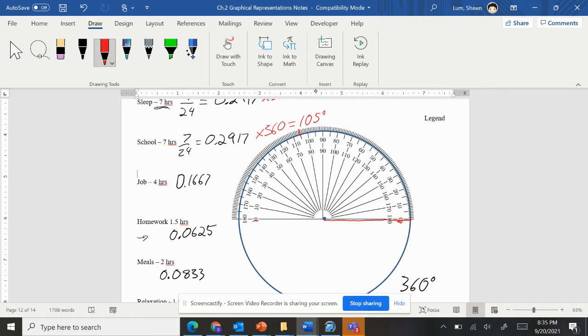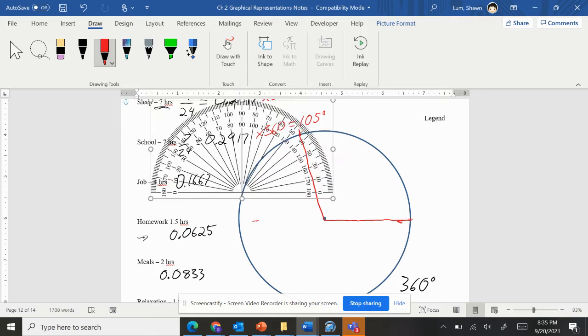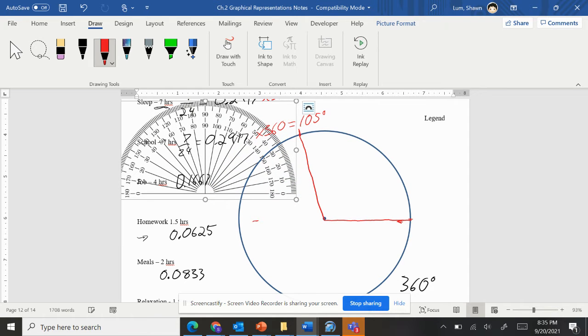And then I'm going to go a straight line from 105 to right here. Okay. And then I move this thing out of my way, and then I label this one, this is sleep. And this angle right here should be 105 degrees.